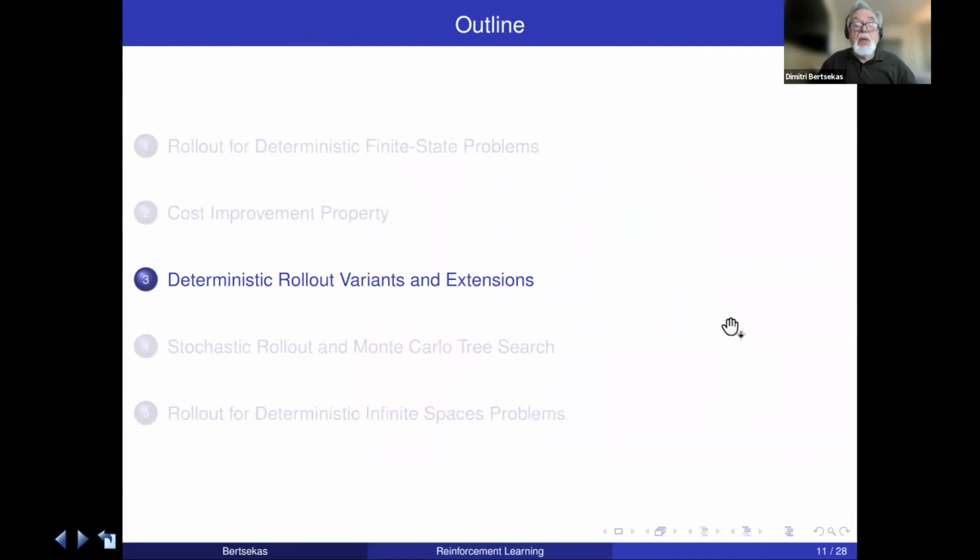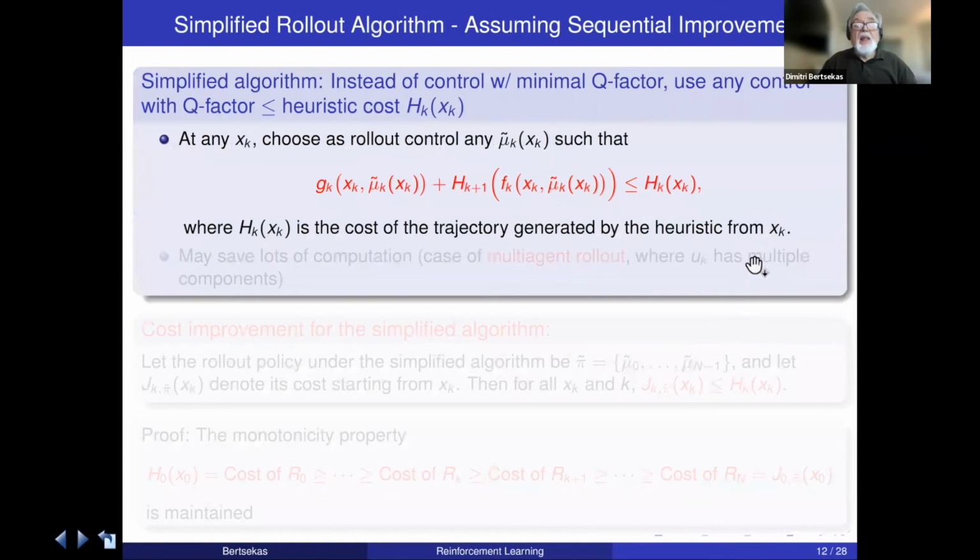So let's now go into variations of deterministic rollout and extensions. We're going to discuss two or three variations. The first one we call simplified rollout. The idea is that there are too many Q factors, perhaps, to calculate at any given state, so we would like to make the number smaller.